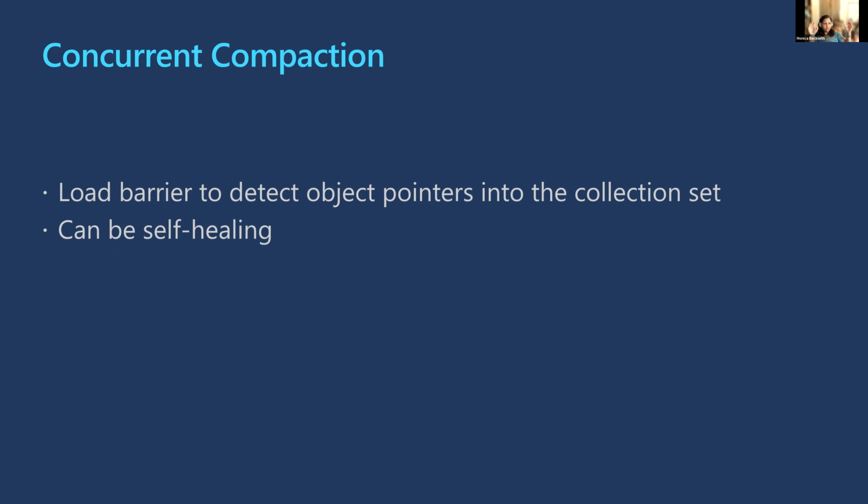There's a from-space and there's a to-space. We're moving it from the from-space into the to-space. So object pointer A is going to move to location B. How do we keep track of what the mapping is?